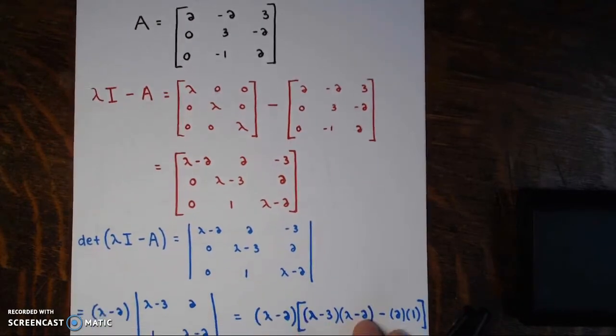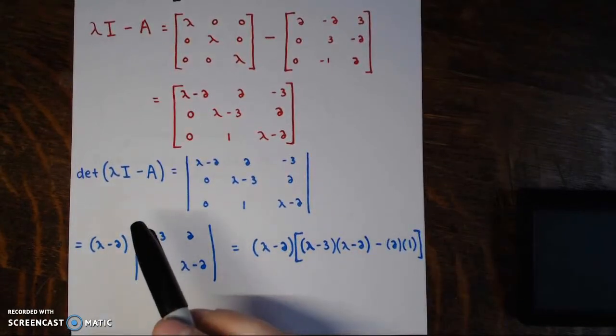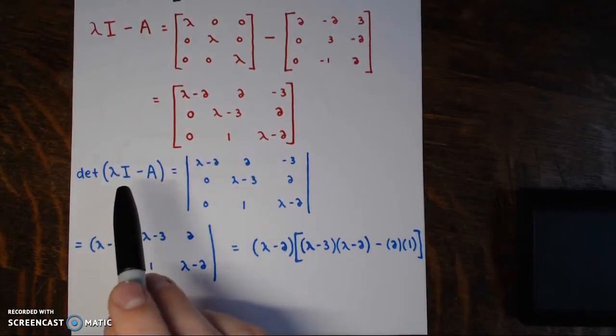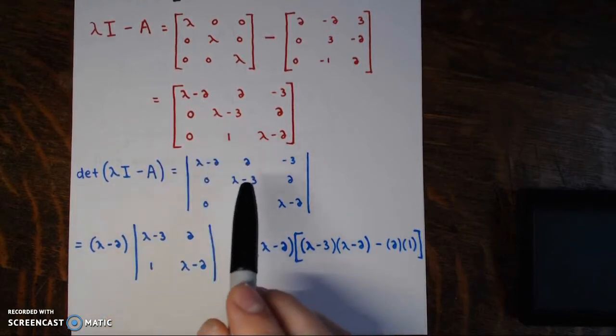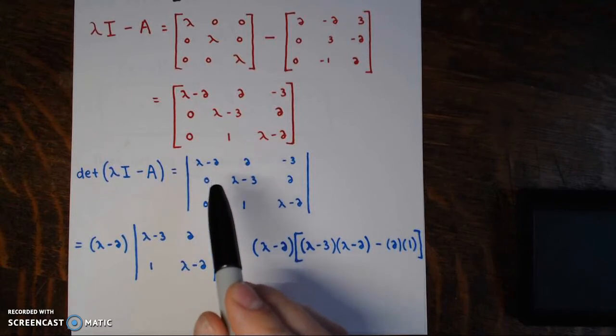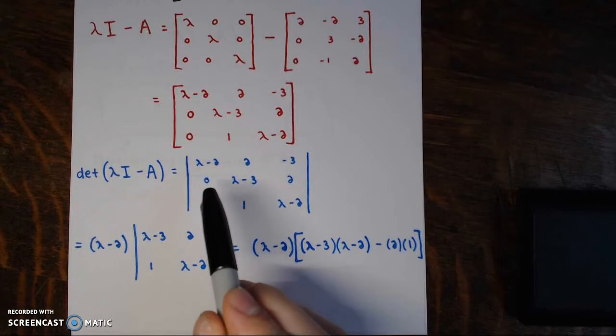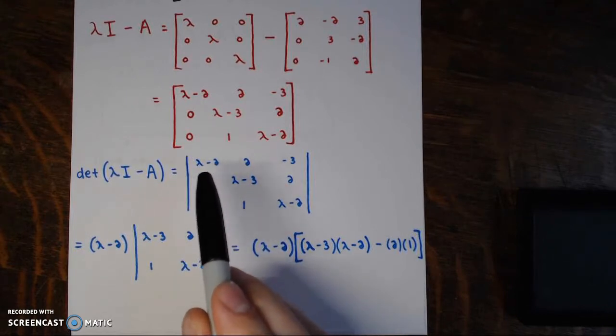Alright, now we wish to find the determinant of this and then see where the determinant is equal to 0. So for the determinant of this matrix, I will do the cofactor expansion. This one's a nice simple one, because I can go down the first column. See, there are 2 zeros and only one non-zero entry.